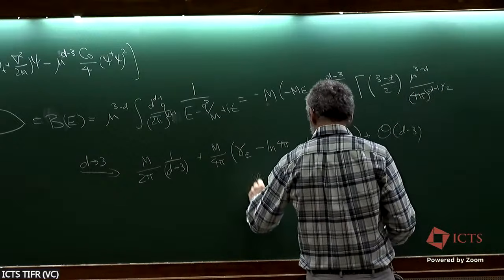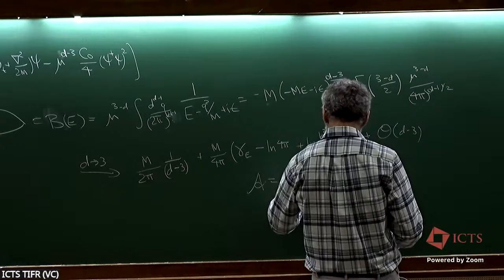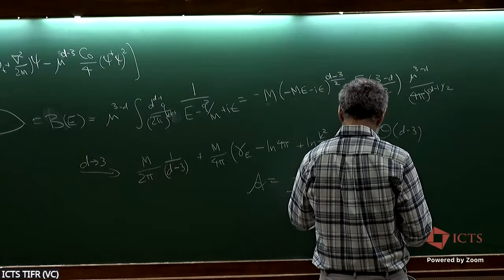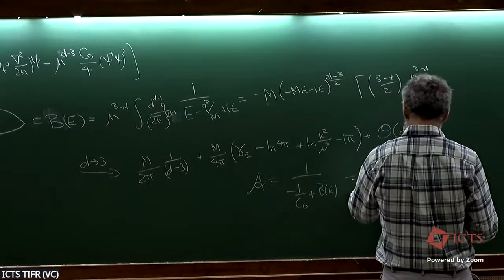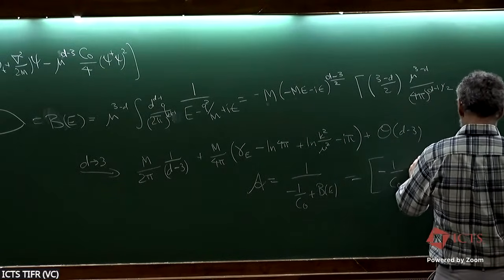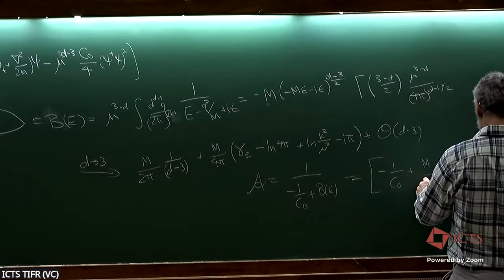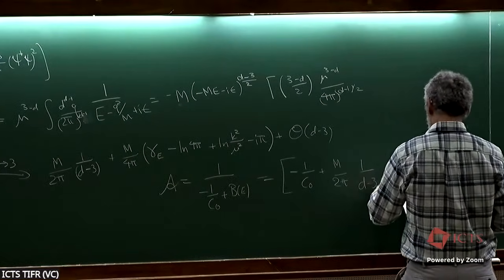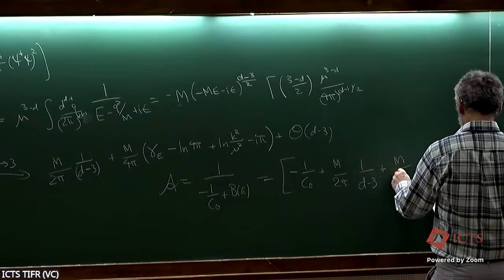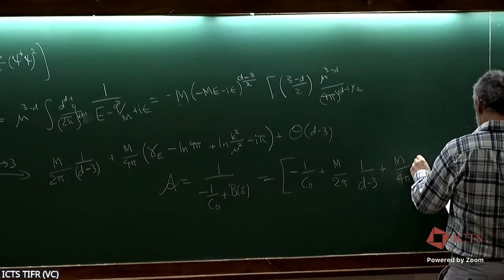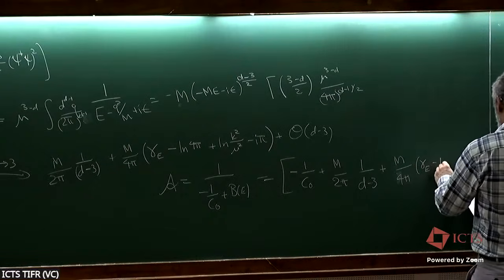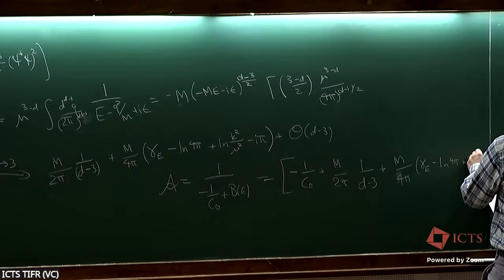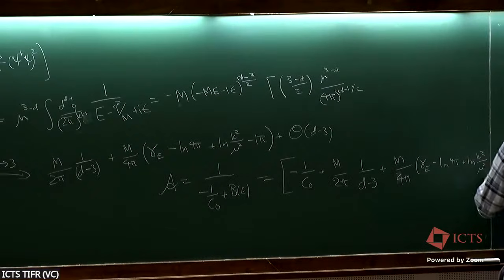And so your scattering amplitude, which is equal to 1 over minus 1 over C naught plus B of E, is equal to minus 1 over C naught plus M over 2 pi, 1 over d minus 3, plus M over 4 pi times the stuff, gamma minus log 4 pi plus log k squared over mu squared, plus order d minus 3. All this to the minus 1.